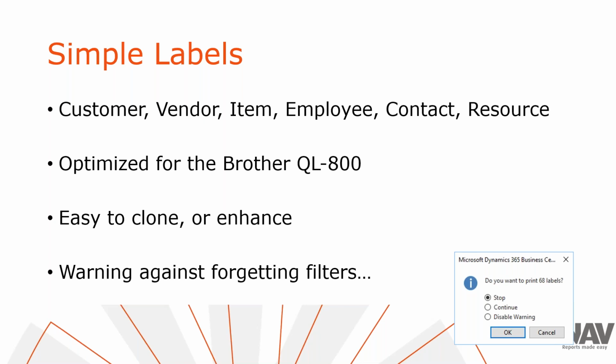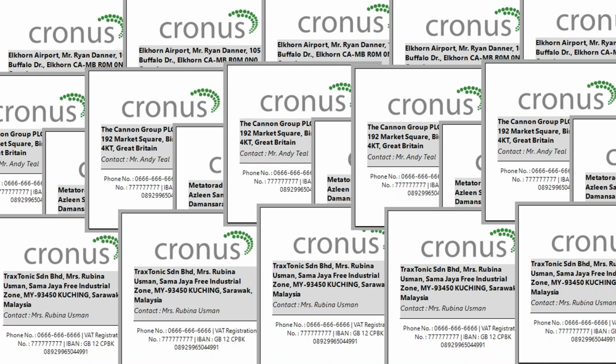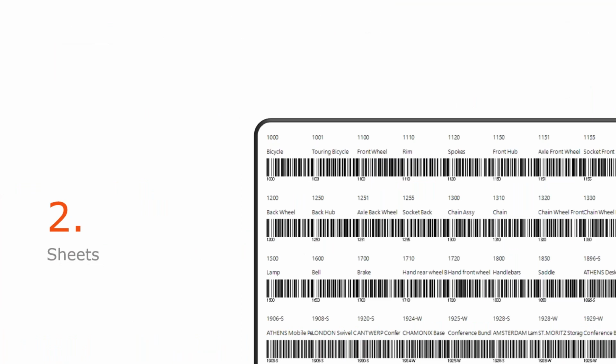So basically what we do is if you try to print more than 10 labels at a time, we give you a warning and say, okay, do you really want to print this many labels, or was this a mistake? And if you have a business case where this is not that nice, you can actually disable the warning and it will not show up again. This is just to prevent you from making mistakes. Again, this is just an example. You can go ahead and change it, and it's fairly easy to make customizations to that.